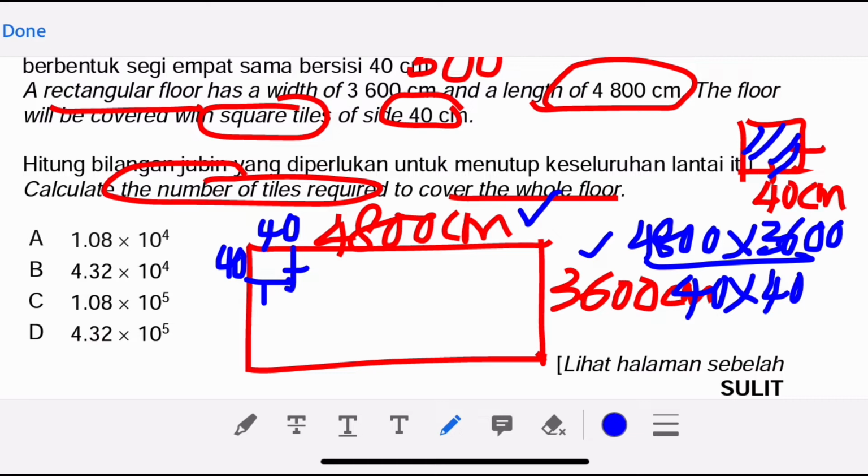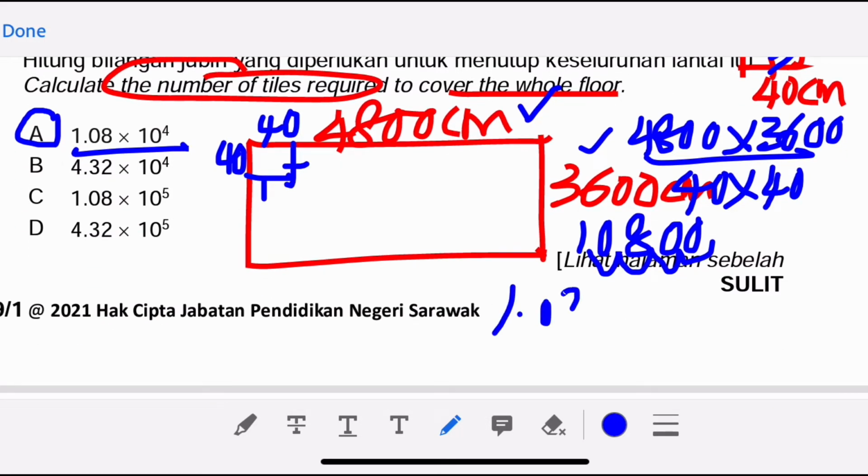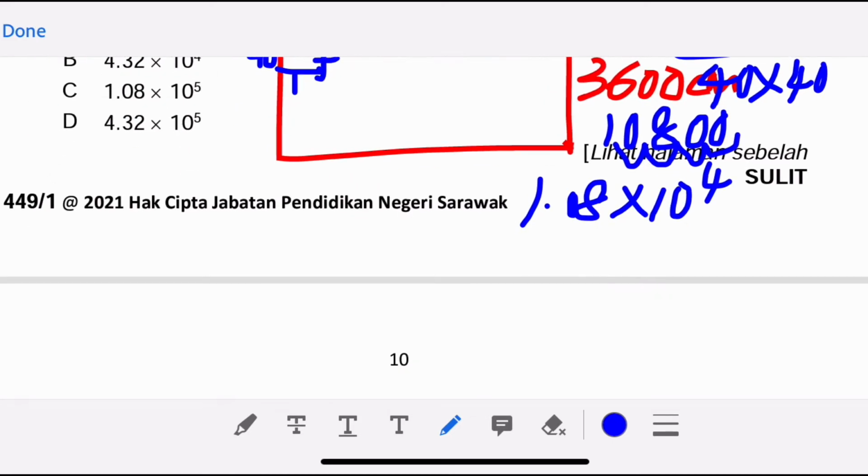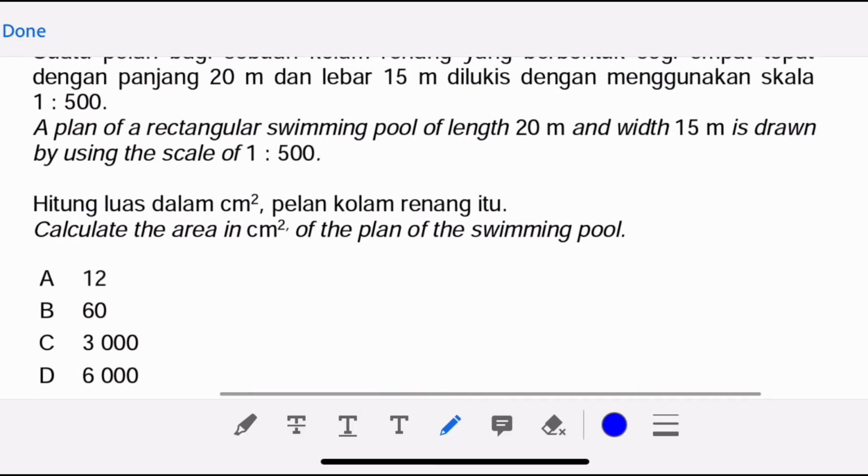The answer will be 10,800, which is 1.08 times 10 to the power of 4 in standard form. If we shift 1, 2, 3, 4, it will be 1.08 times 10 to the power of 4. Right, let's proceed to question 14.